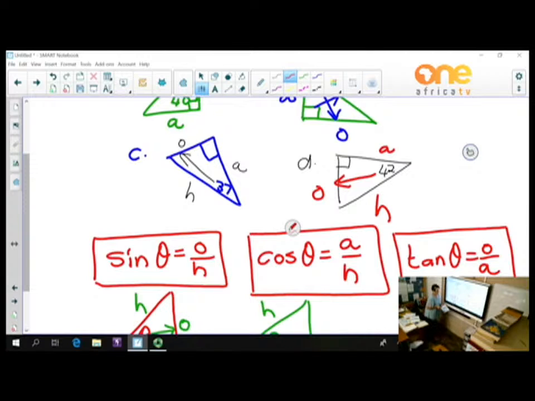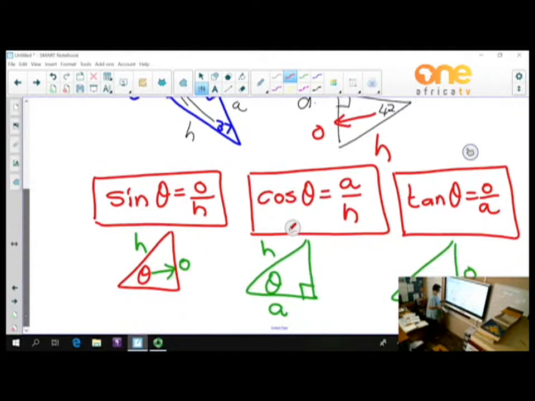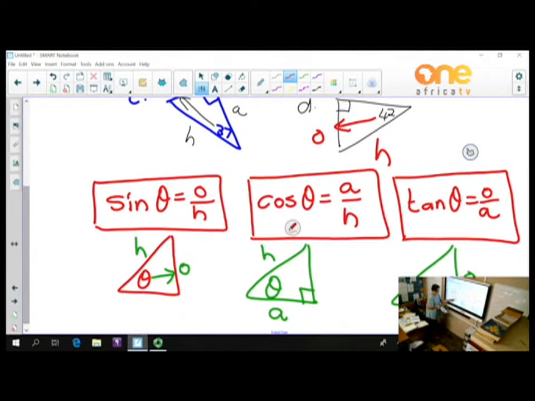Very important that you look at that and understand this with the pictures here. Sine theta, opposite over hypotenuse. Cosine theta, the included angle. Can you see that? And tan theta, where you only have the opposite and the adjacent. Okay.